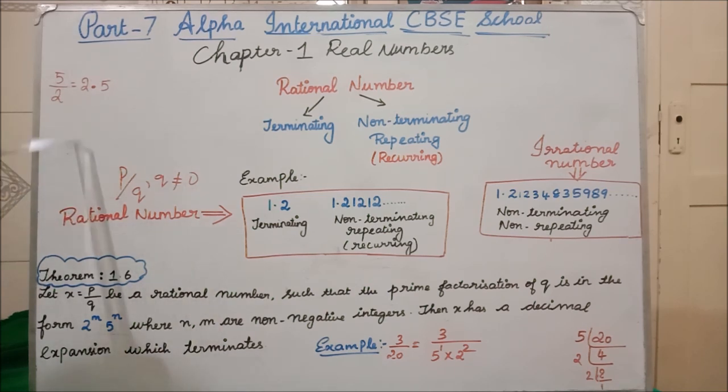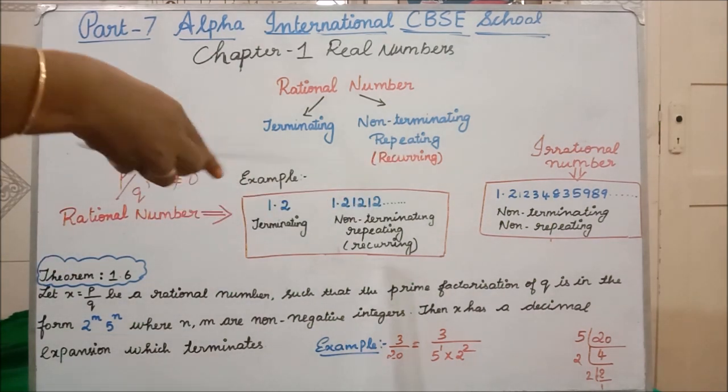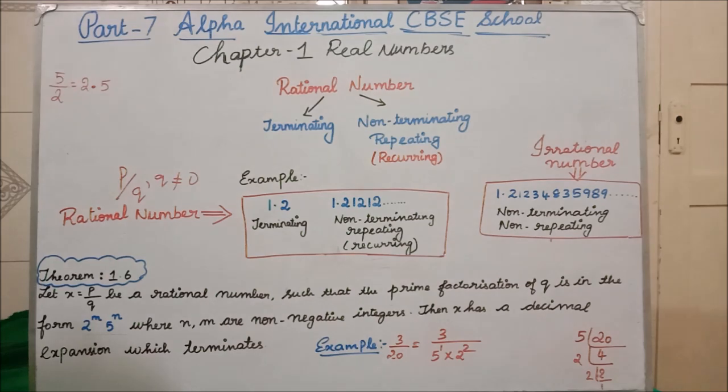If you see the example 1.2123483598, it is still going on, but the same digits are not repeating. With 212121 the same digits repeat, so we wrote non-terminating and recurring. But here the digits are not repeating though it goes on, so that category comes under non-terminating and non-repeating. Is it clear to all of you?